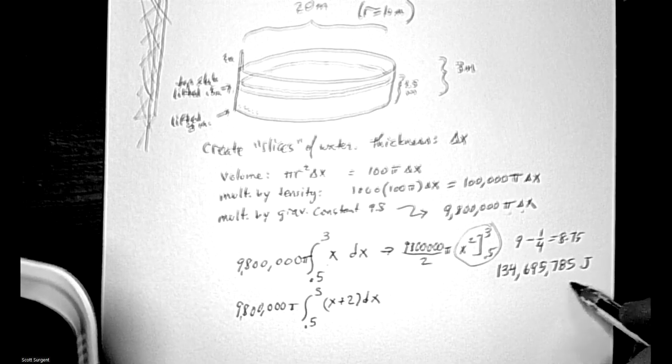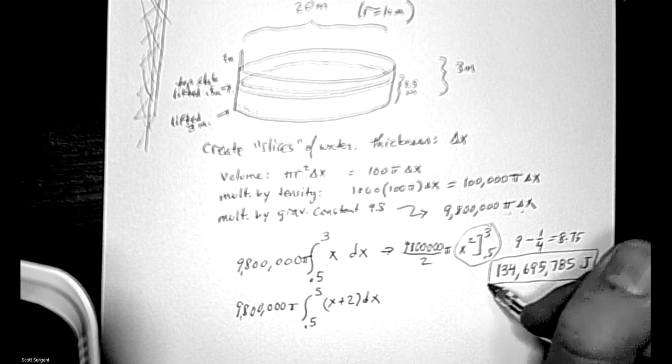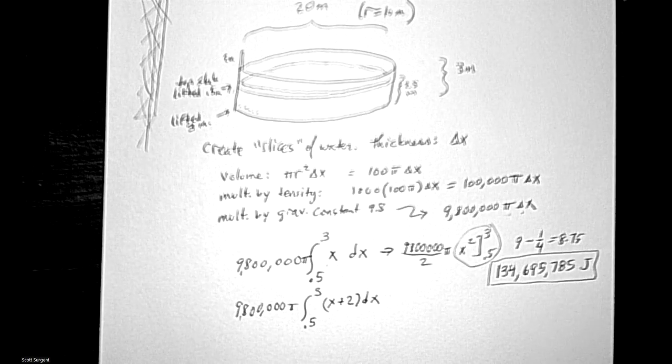I guess that would be joules, right? Yes. That's a lot of joules. That seems plausible because this is a lot of water. I mean, this 20 meters is a big pool. That's like 66 feet across. Yeah, that seems about right.